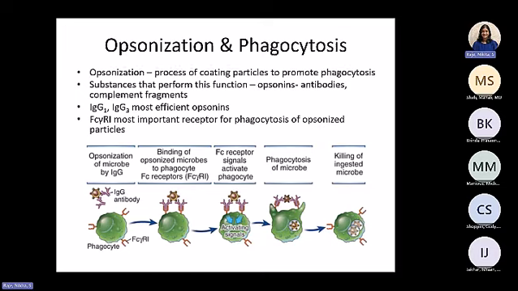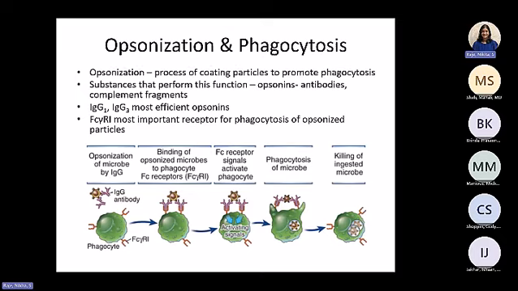Second function is opsonization and phagocytosis. Opsonization is a process of coating the particles to promote phagocytosis, which means it decorates the surface. That's what opsonization literally means, decorating the surface, typically for eating, which means that it's decorating it so that it can be phagocytosed.